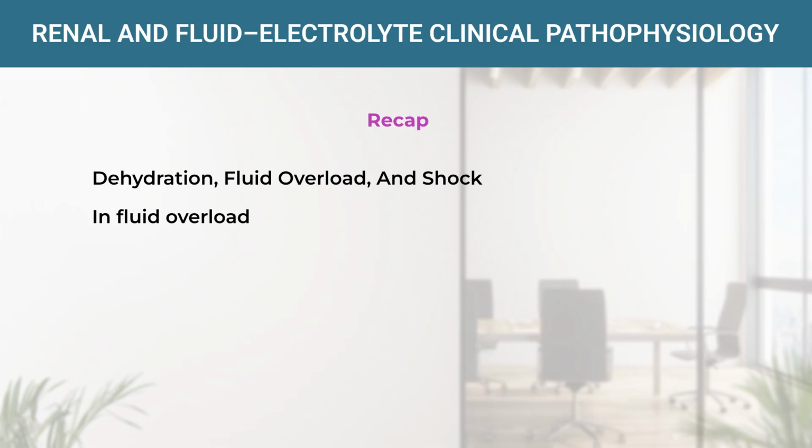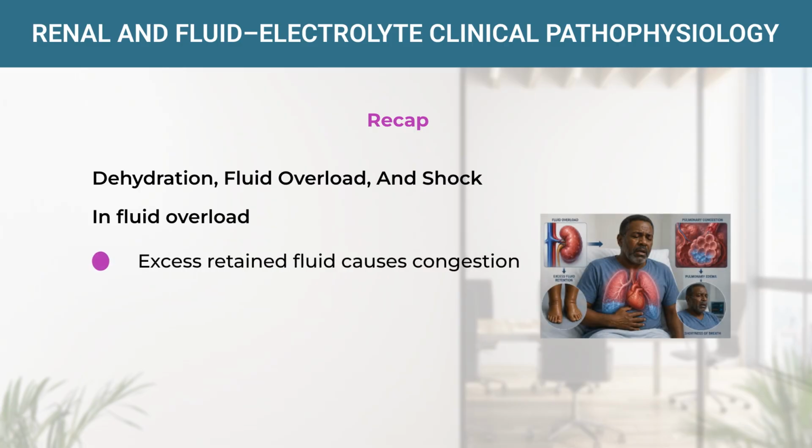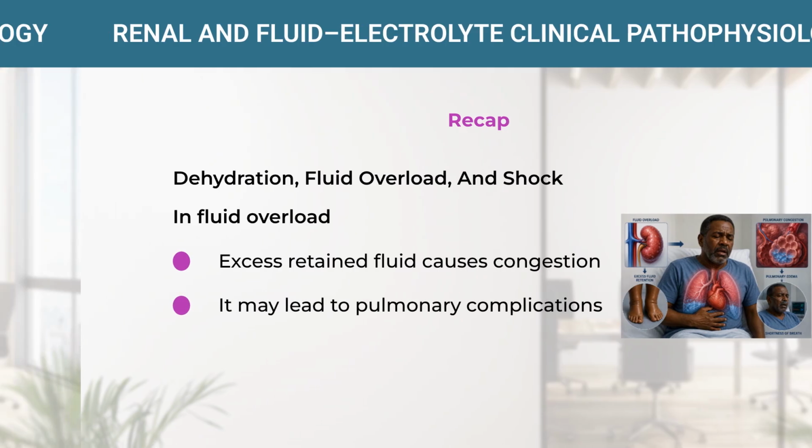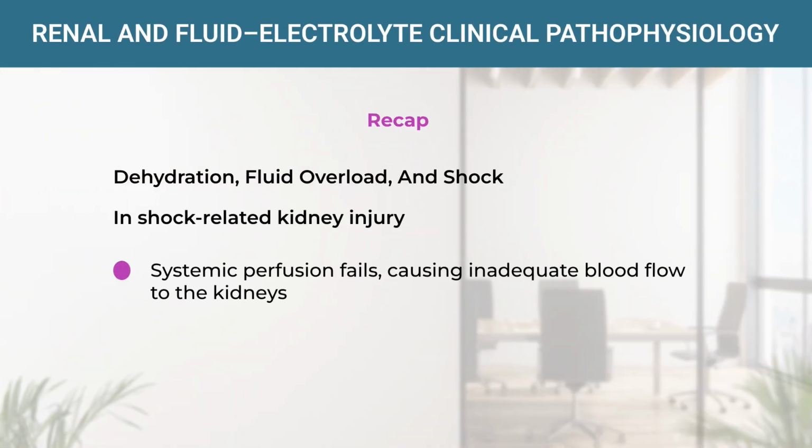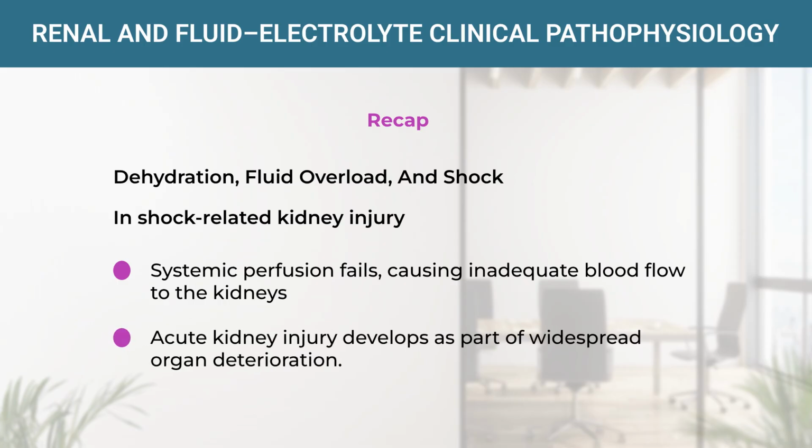In fluid overload, excess retained fluid causes congestion. This may lead to pulmonary complications. In shock-related kidney injury, systemic perfusion fails, causing inadequate blood flow to the kidneys. As a result, acute kidney injury develops as part of widespread organ deterioration.